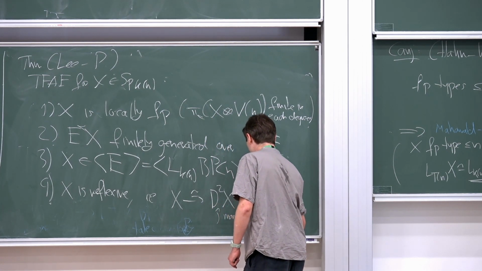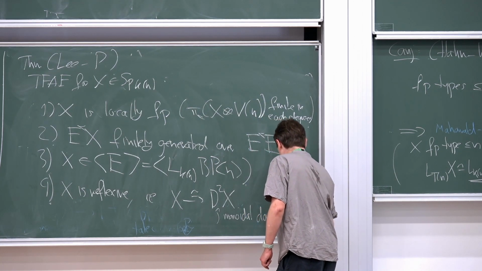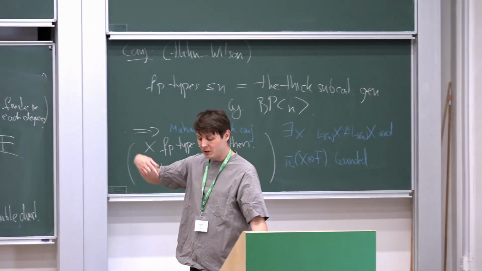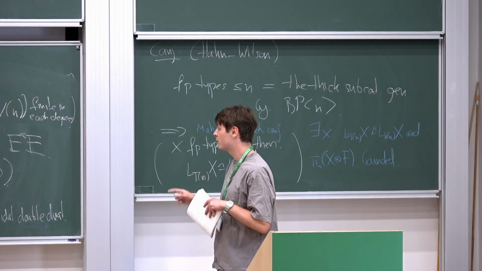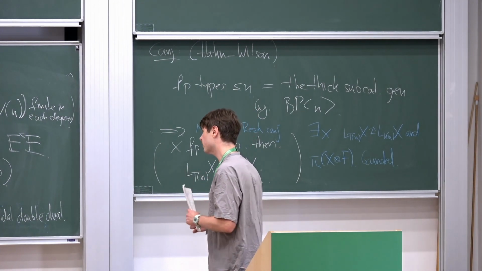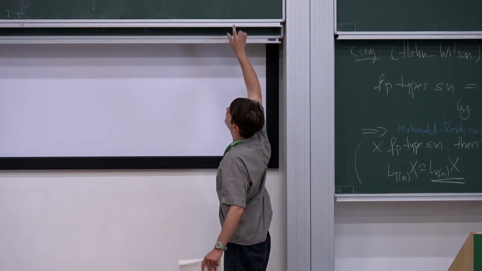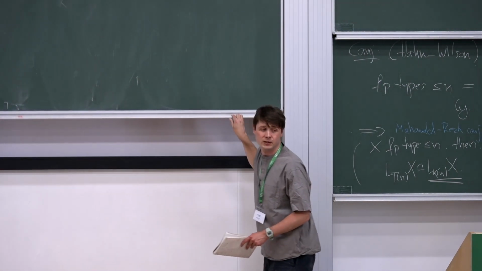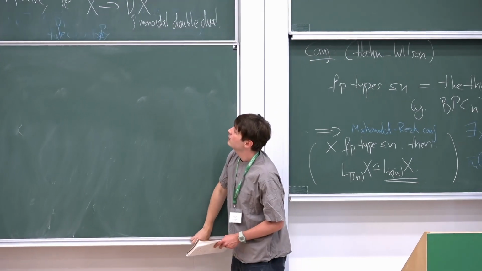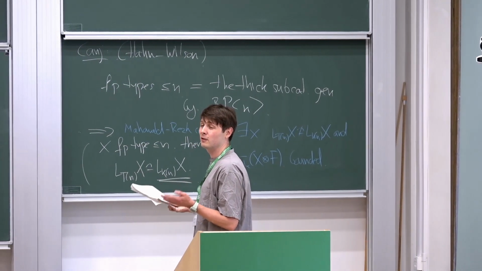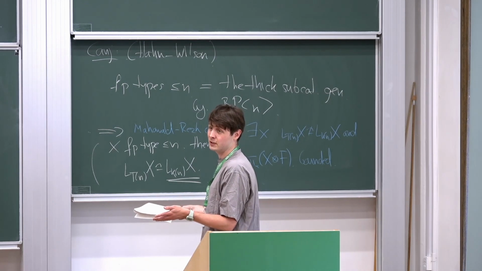So this is the monoidal double dual. By the monoidal dual of a not necessarily dualizable thing, I mean the mapping spectrum into the K-local sphere. The last characterization, I think, is particularly interesting because it uses no information about the K-local category, only its monoidal structure.